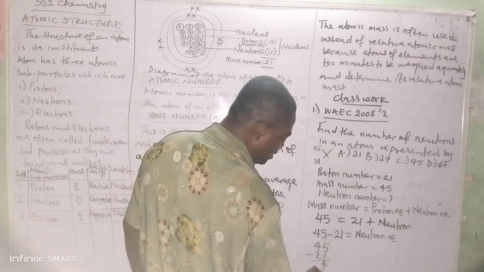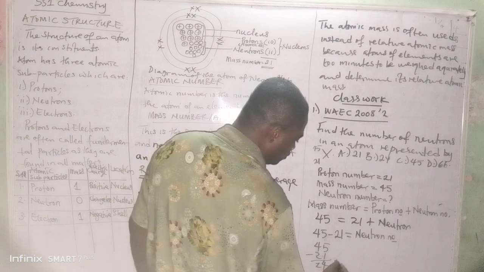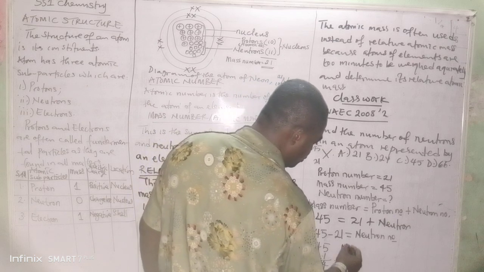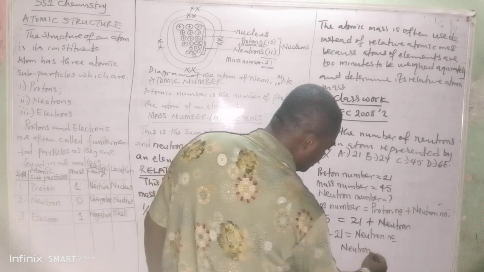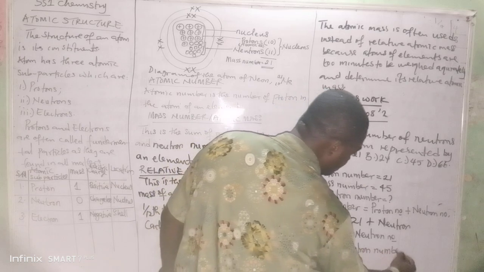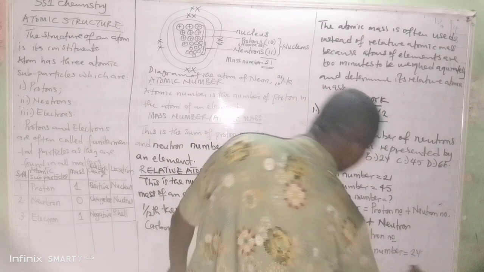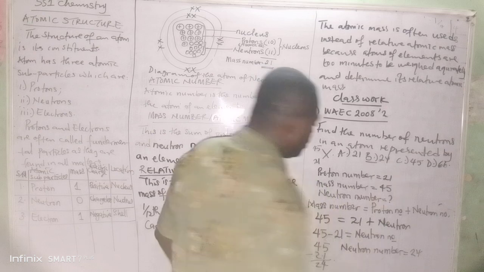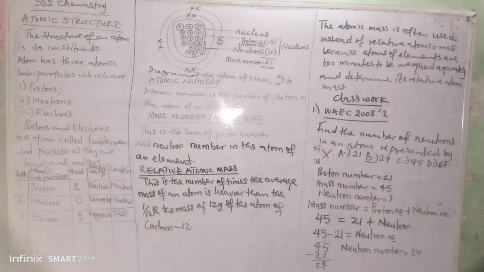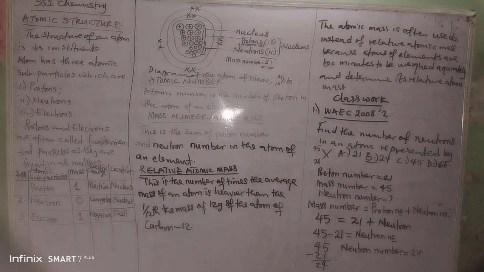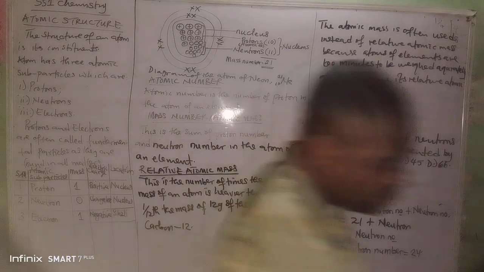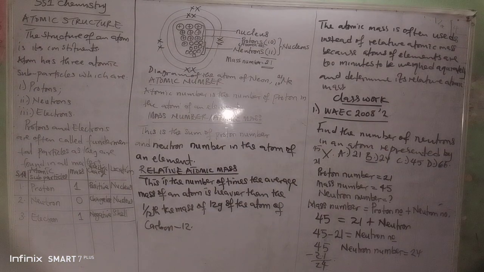Take away 2 from 4, you have 2. The answer is 24. So neutron number is equal to 24, and option B becomes the right answer. Now let's check another one.